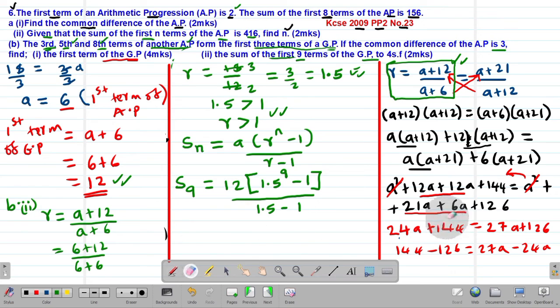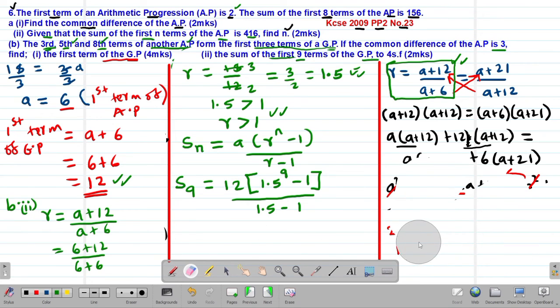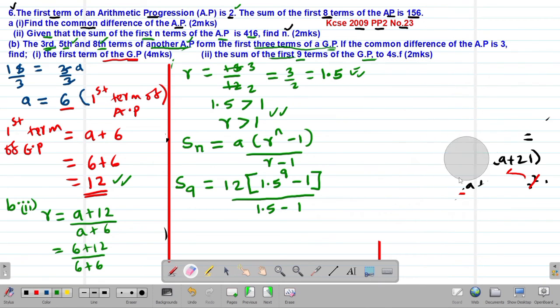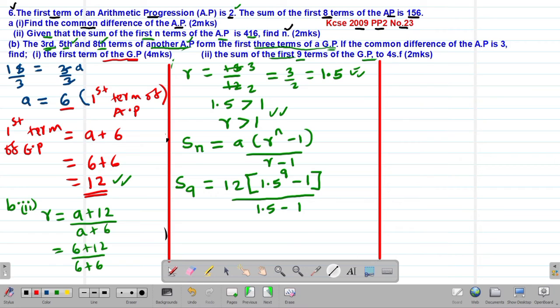Now, when we simplify, this is what we are going to end up with. So the sum of the first 9 terms, S9, will be equivalent to 12, then into bracket 1.5 to the power of 9, then minus 1, close the bracket, divided by 1.5 minus 1, of course we are going to get 0.5.